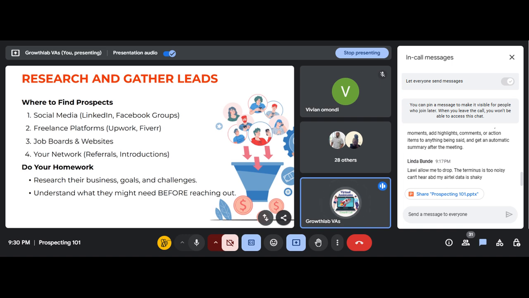So I don't encourage the third option. I advocate majorly for the first option, social media, followed by freelance platforms, and then your network should be there throughout, from the word go and continuously. So for social media, you have to join groups to find your prospects there.